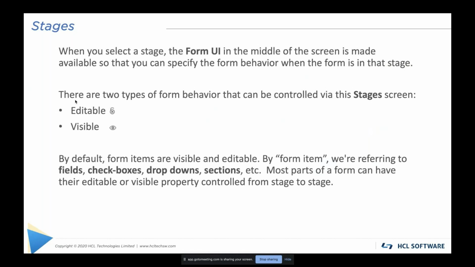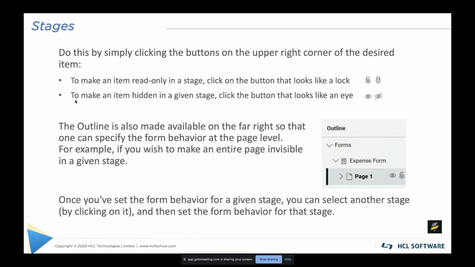And if you think of scenarios where you would use something like this, it would be if in the initial phase in that form where you saw the manager comments at the bottom, well, when I'm submitting my form, it doesn't make sense for me to see manager comments. So I can actually hide it in the start phase. And then in the approval phase, I can make that visible and editable.